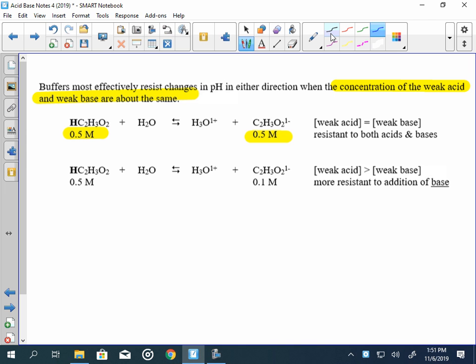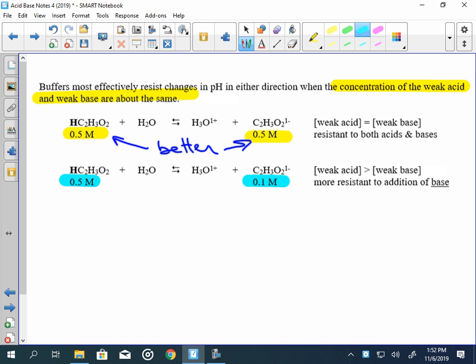And I'm going to say if they're each 0.5 molar, that's good. You're well protected, okay? Now that's in contrast to what we see here, where we've got 0.5 molar weak acid, but only 0.1 molar of the weak base.